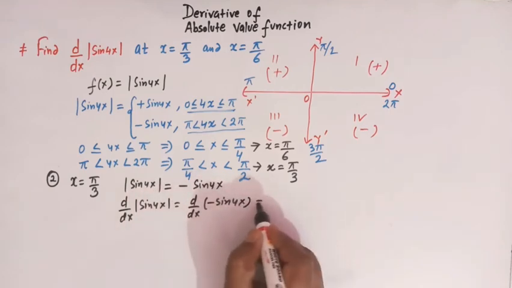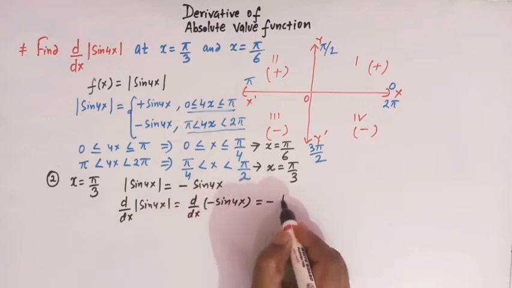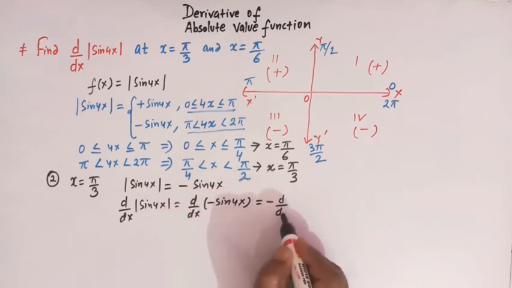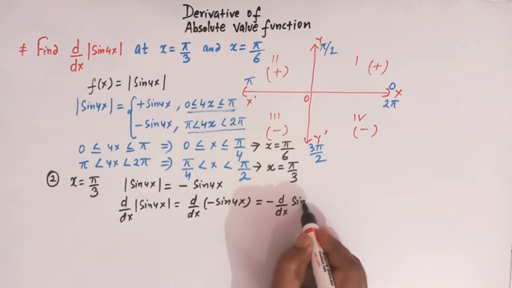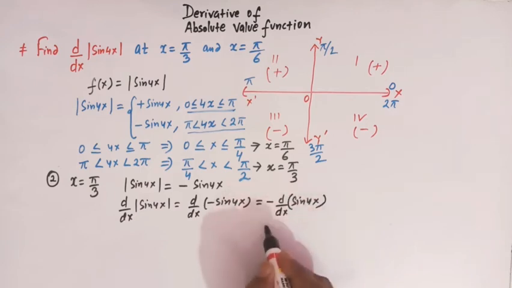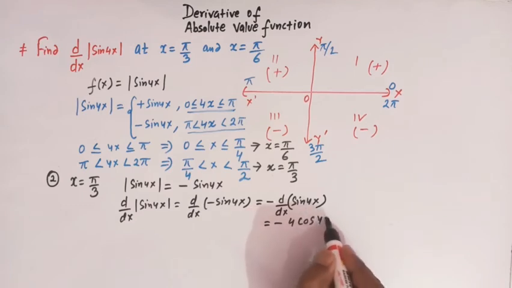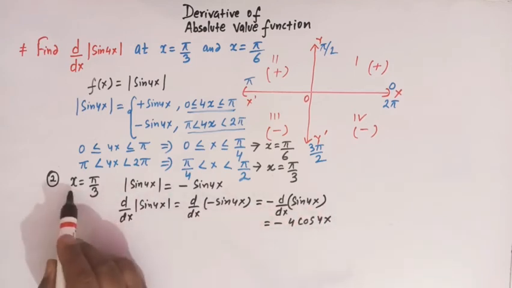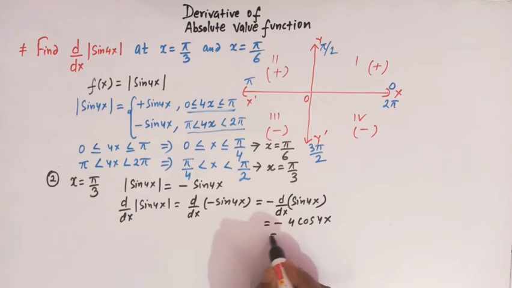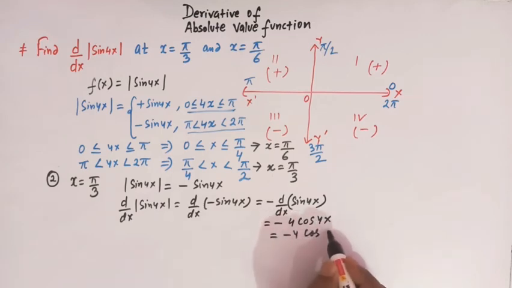We can take the negative outside, so we have minus d by dx of sin 4x, which is minus 4 cos 4x. And at x is equal to pi by 3, we have minus 4 cos 4 pi by 3.